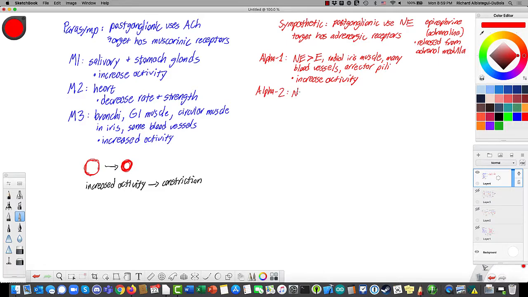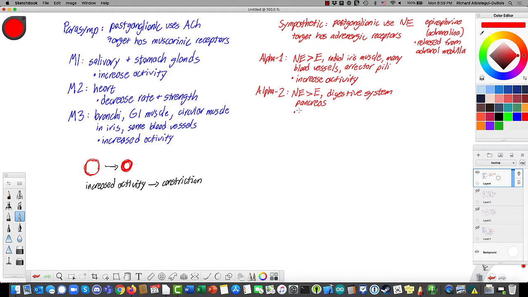These also respond better to norepinephrine than epinephrine. These are mostly found in the digestive system. They're also found in the pancreas. Now, to say they increase or decrease activity is a little harder to say, because it really depends on what they're in. So we can't easily say, do they increase it or decrease it?